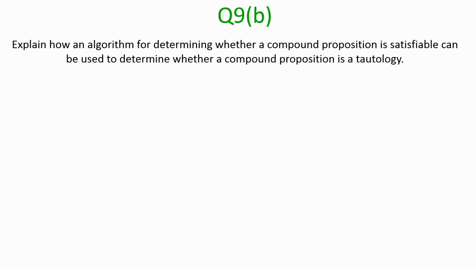So, let me go to, sorry, this is not 9b, this is question number 9a.3, sorry for this numbering. So, the question basically asks you to show the following. It says that imagine you are given an algorithm which can check whether a compound proposition is satisfiable or not.